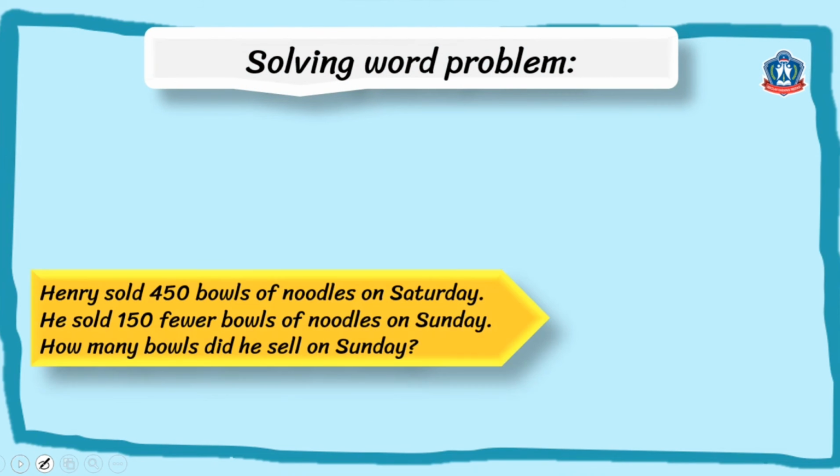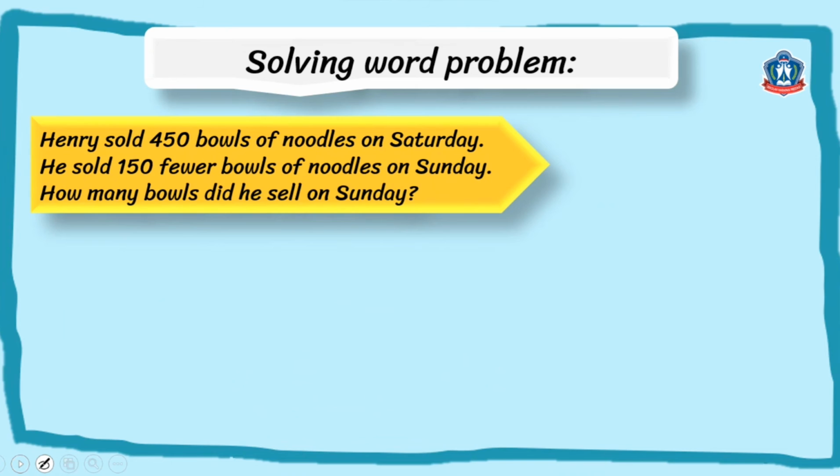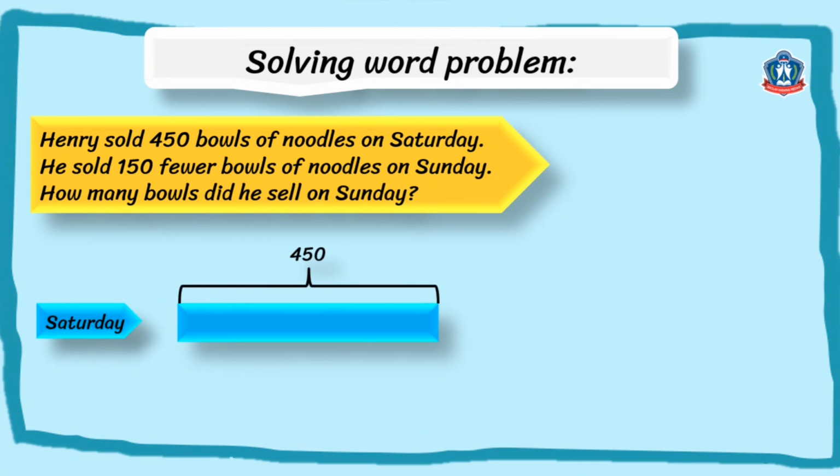Okay, now let's try to solve a word problem. I have here a problem. Let's read. Henry sold 450 bowls of noodles on Saturday. He sold 150 fewer bowls of noodles on Sunday. How many bowls did he sell on Sunday? So which day did Henry sell more? Yes, it's Saturday. And Sunday is fewer. So we will use a bar to represent our problem like this. Saturday is 450 bowls of noodles.